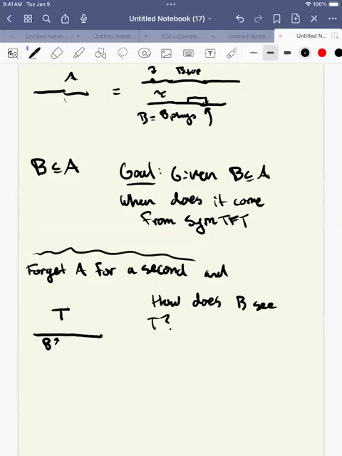Okay, and the answer, or an answer, I should say, is through the string operators. If I take a string operator given by some anyon, the string goes off to infinity because I'm working in the infinite volume limit, and I have some interval I here. I can push this onto the boundary, and I get an operator that's localized near the boundary, but it's not a local operator. It's non-local because the string is going off to infinity, but it is localized in the interval I. That's the key point.